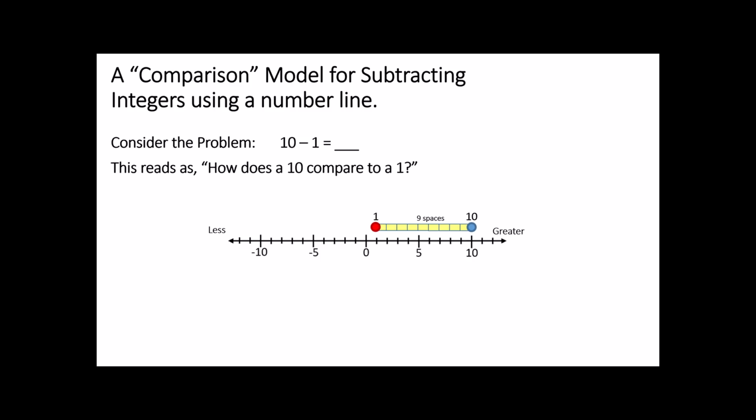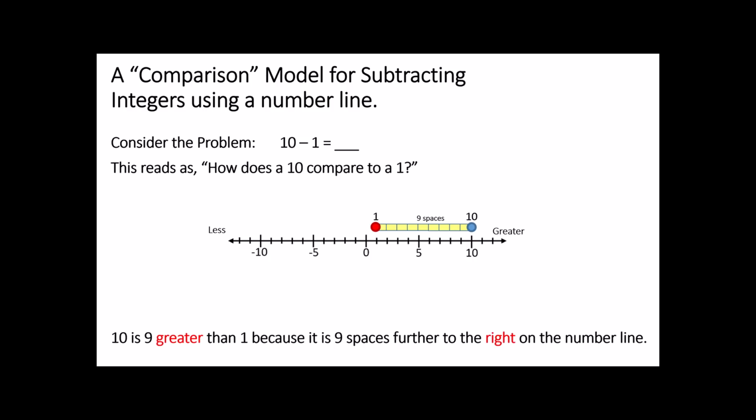Notice that between a 10 and a 1 are 9 spaces. In fact, 10 is 9 greater than 1 because it is 9 spaces further to the right. Remember, the numbers that are on the right are larger. So I would indicate my solution as a positive 9. 9 greater. See how that works?